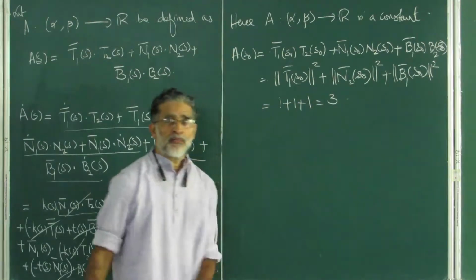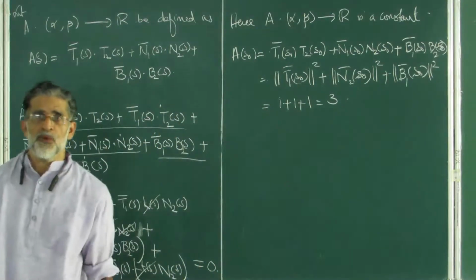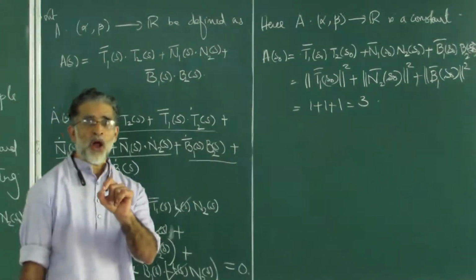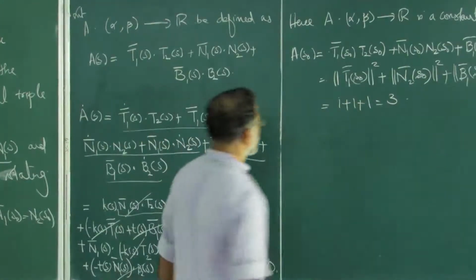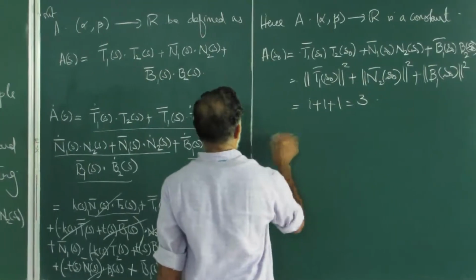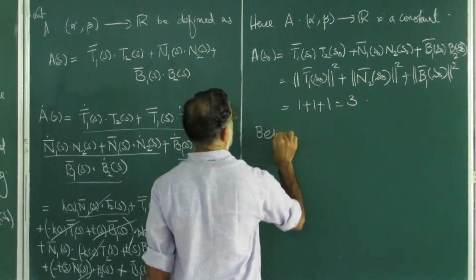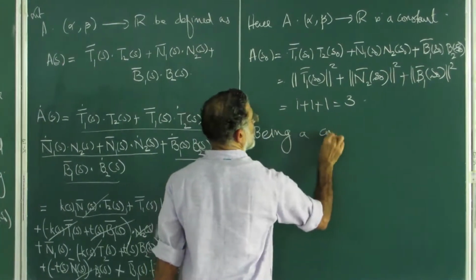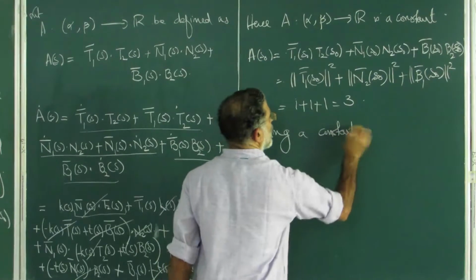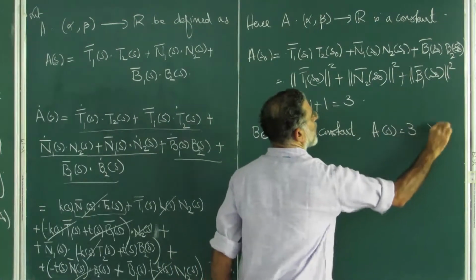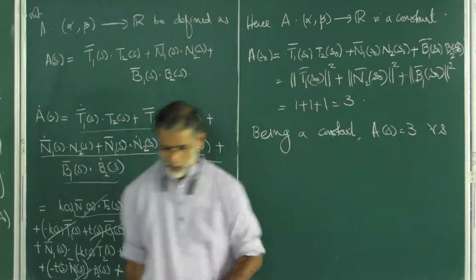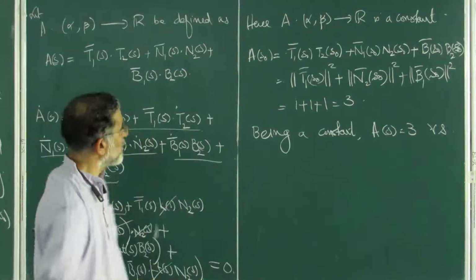Therefore, A is a constant function, and at the point S naught, A takes value 3. That means that everywhere A takes value 3. Therefore, being a constant, A S equal to 3 for all S. That's the first observation. Okay? So A is always equal to 3.